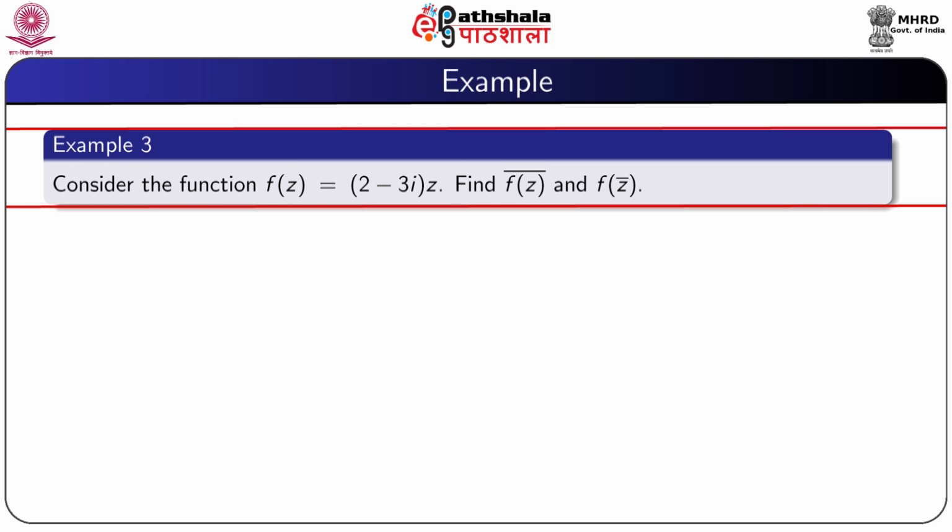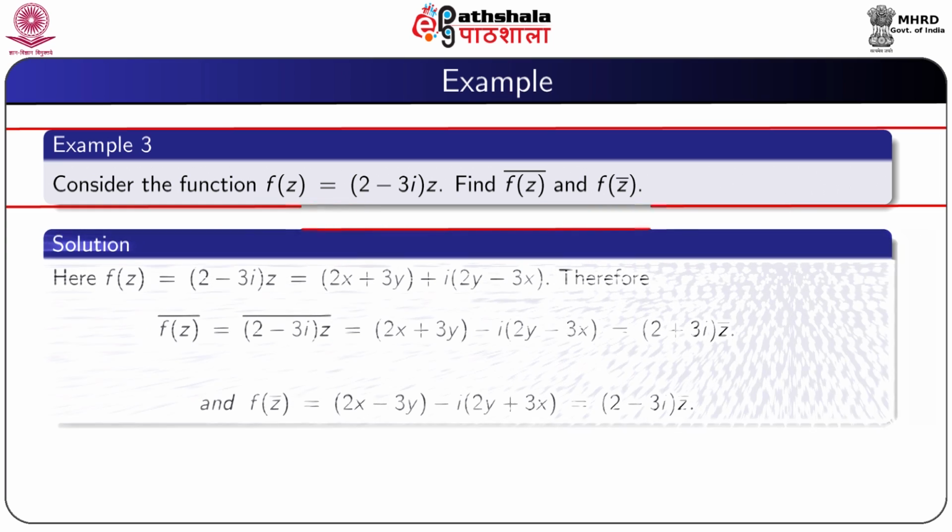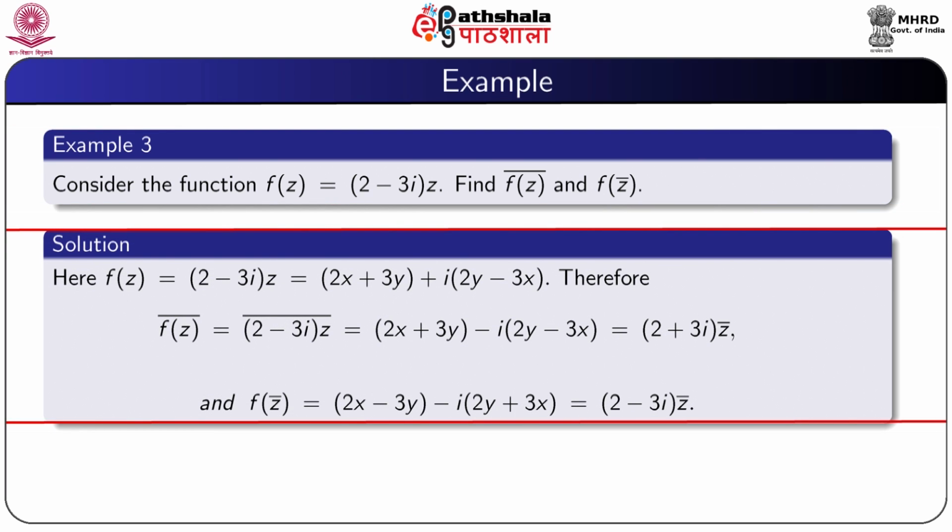Consider the function f(z) = (2 - 3i) z. Find the conjugate of f(z) and f of conjugate z. So here f(z) = (2 - 3i) z, and putting z = x + iy, we get this equal to (2x + 3y) + i(2y - 3x).